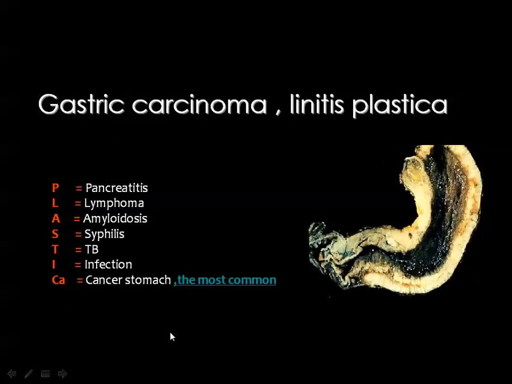This is quoted from the internet, and you can see that these lesions can produce the appearance of diffuse gastric thickening and reduction of the gastric lumen, which is known as linitis plastica.